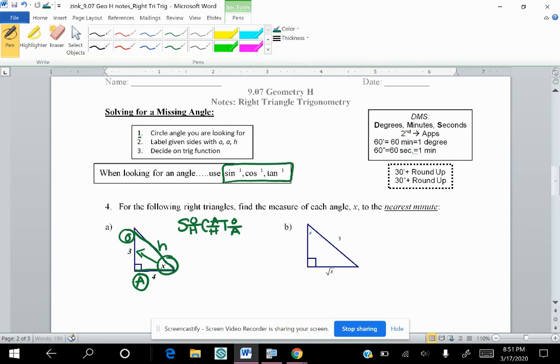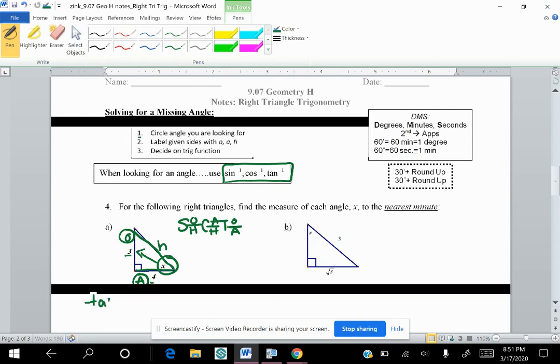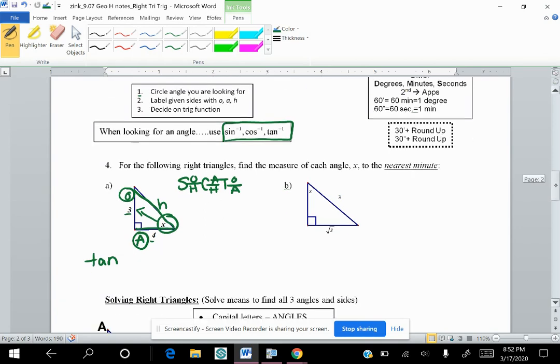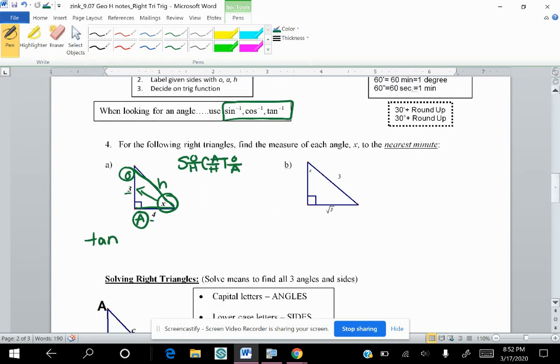And the more you write it, the more you'll remember. I am looking for which one has an O and an A, because those are the two sides that I know. I know one's 3 and I know one's 4. So I'm going to use tangent. Now, if you knew all 3 sides, you could use either sine, cosine, or tangent. They all will give you the same answer if you use the opposite, adjacent, or hypotenuse, whatever it calls for. So tangent of x equals opposite over adjacent.